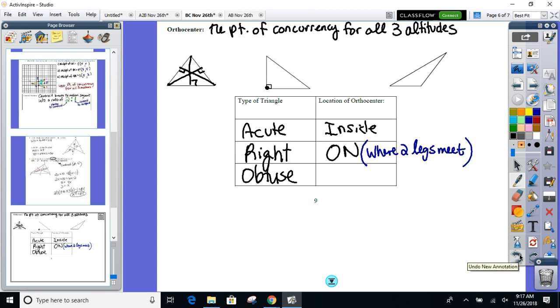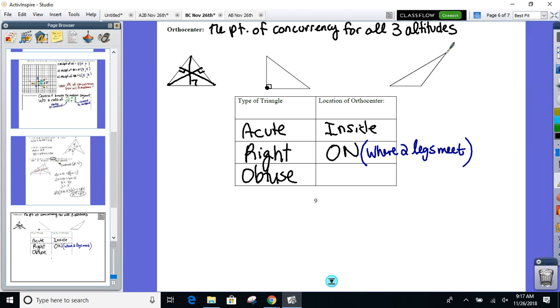There's no way I'm getting a line inside that's perpendicular. So the only line I can get that's going to be perpendicular would have to be drawn outside. In an obtuse triangle, one of the altitudes is on the outside, which means what about my orthocenter? It also has to be located on the outside of the triangle. So it all depends on what type of triangle you have as to where it's going to be. Okay?